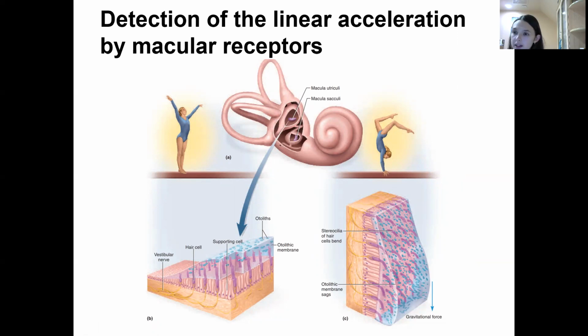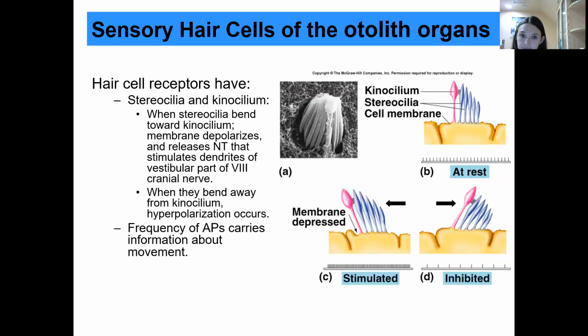In the structure of the hair cells, the stereocilia bend toward the kinocilium and as a result produce a depolarization. The action potentials summate and send information to the 8th cranial nerve.